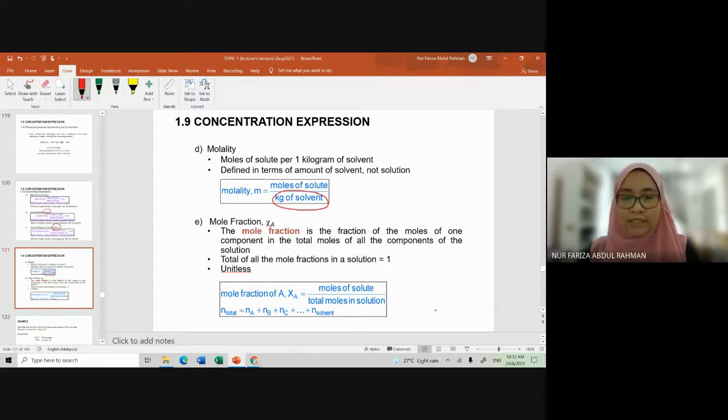But for molality, it needs to be the mass in kilograms of solvent. So make sure that the value you are taking is for the solvent, and that the value is in kilograms.